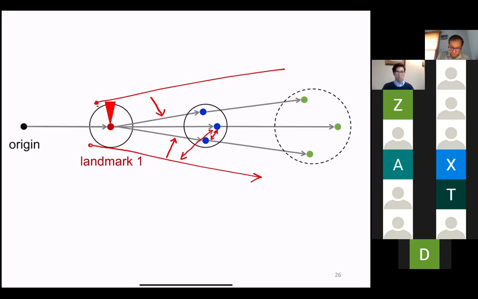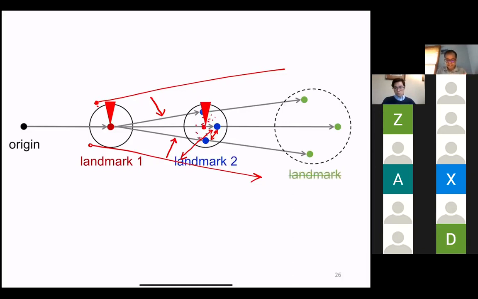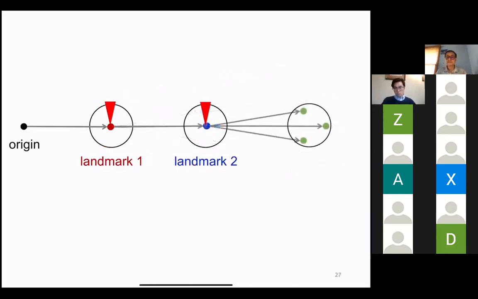And now I have these blue points. I apply the same thing and I compute the new landmark over here. I reset everyone to that location. Now the green errors have gone down. I compute the new landmark again based on that Gaussian distribution, and I correct everyone's location to that landmark.